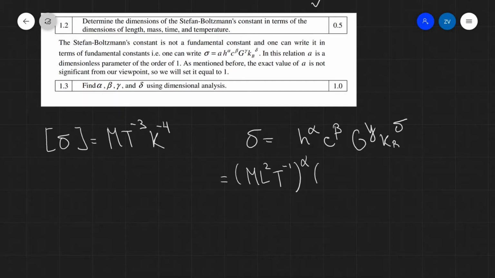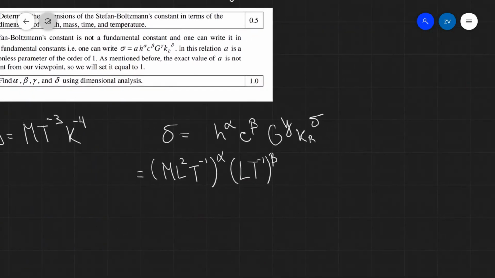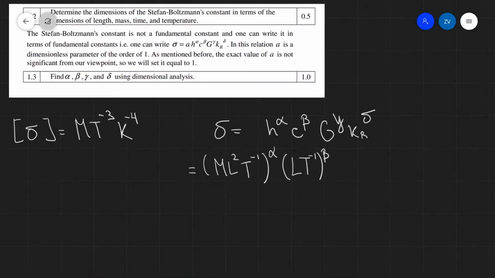That's the easy one from the last question. So that's just the units of length divided by the units of time, and this will be raised to the power of beta. Next up is the gravitational constant G, and G will have the following units: m to the power of -1, L cubed, t to the power of -2, and all of this will be raised to the power of gamma.